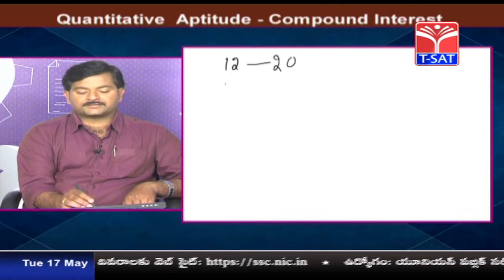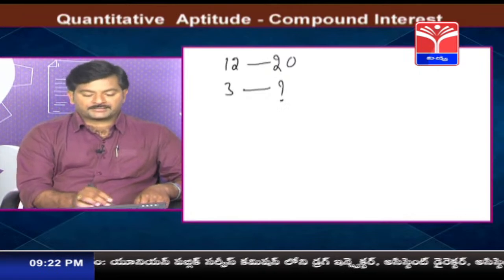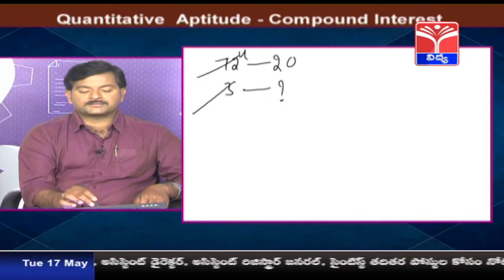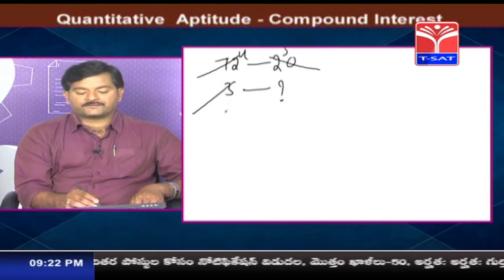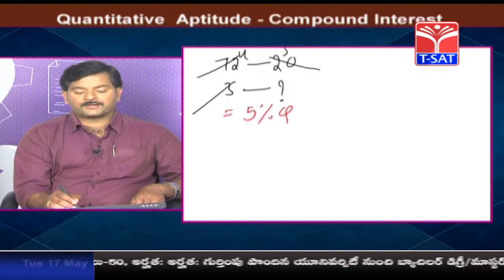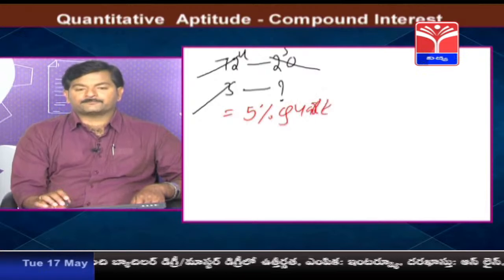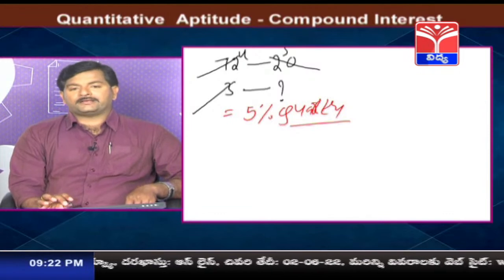Then for 3 months what is the rate of interest? 3 ones are 3, 3 fours are 12, 4 ones are 4, 4 fives are 20. So what is my rate of interest? I am getting 5%. This is only quarterly, not yearly.